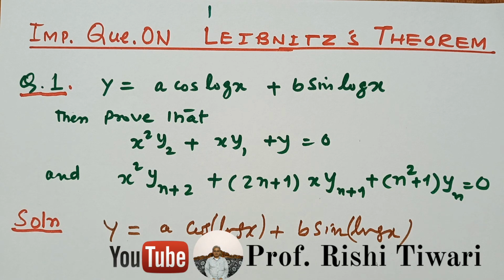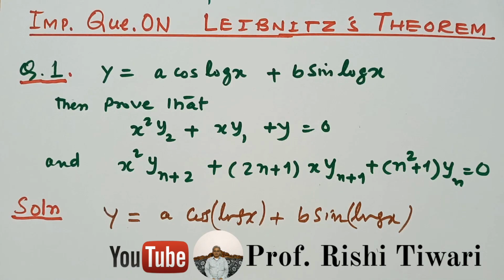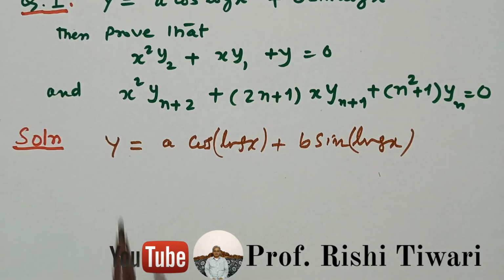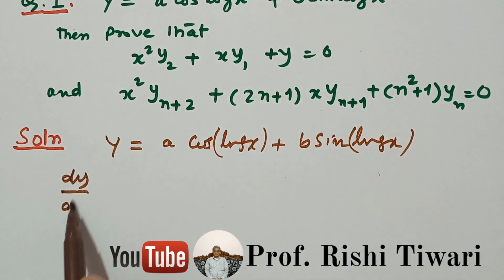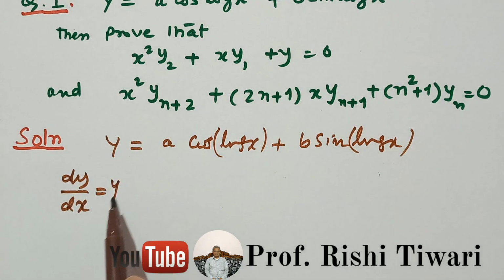So we put log x equal to theta, and then differentiate. Now differentiating with respect to x, dy by dx is nothing but y1.